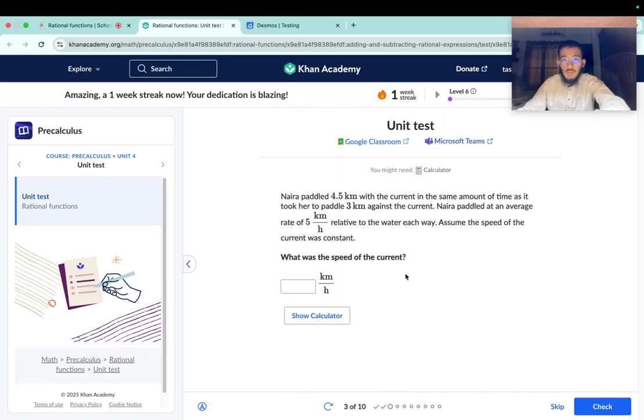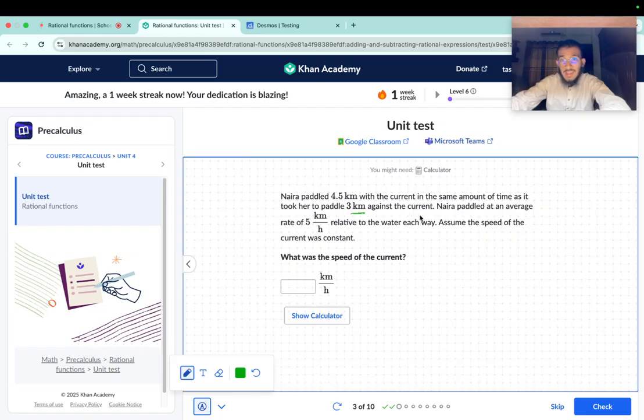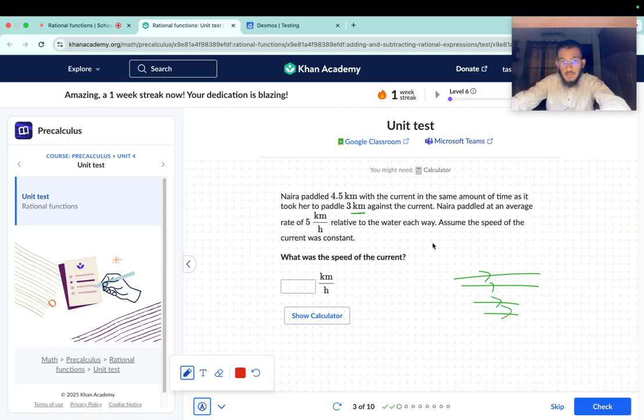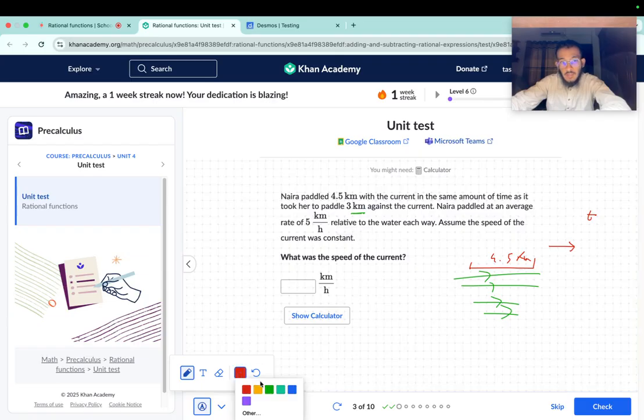All right. So Naira paddled 4.5 kilometers with the current in the same amount of time as it took her to paddle 3 kilometers against the current. So we have a current in this flow, let's say, and this person has paddled 4.5 kilometers with the current in the same amount of time, let that be t, as it took her to paddle 3 kilometers against it.